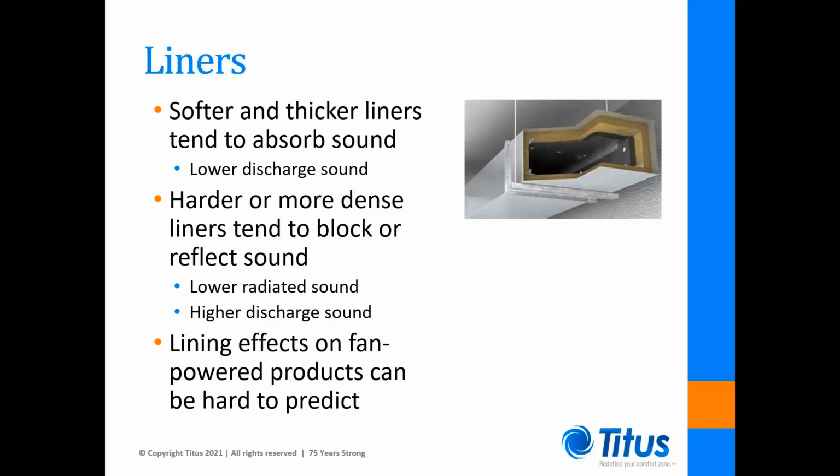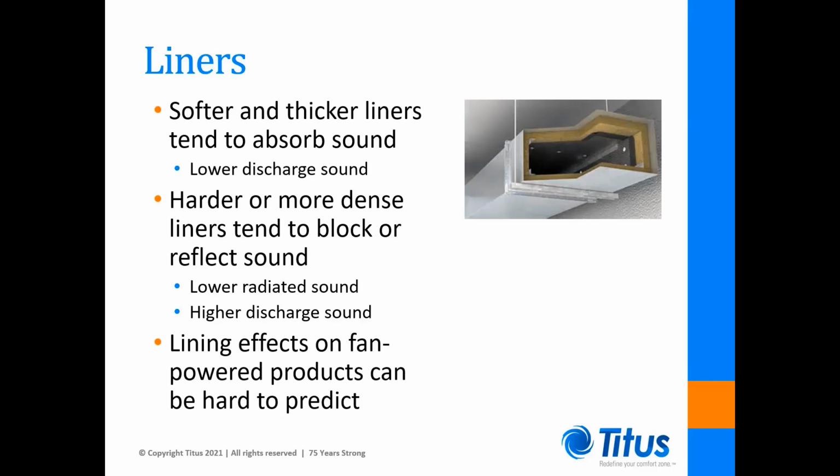We also need to look at lining materials and understand how they affect acoustical performance. Of course, terminal unit liners are primarily intended to provide thermal protection from condensation and to reduce thermal losses, but sometimes lining materials can provide an acoustical advantage.